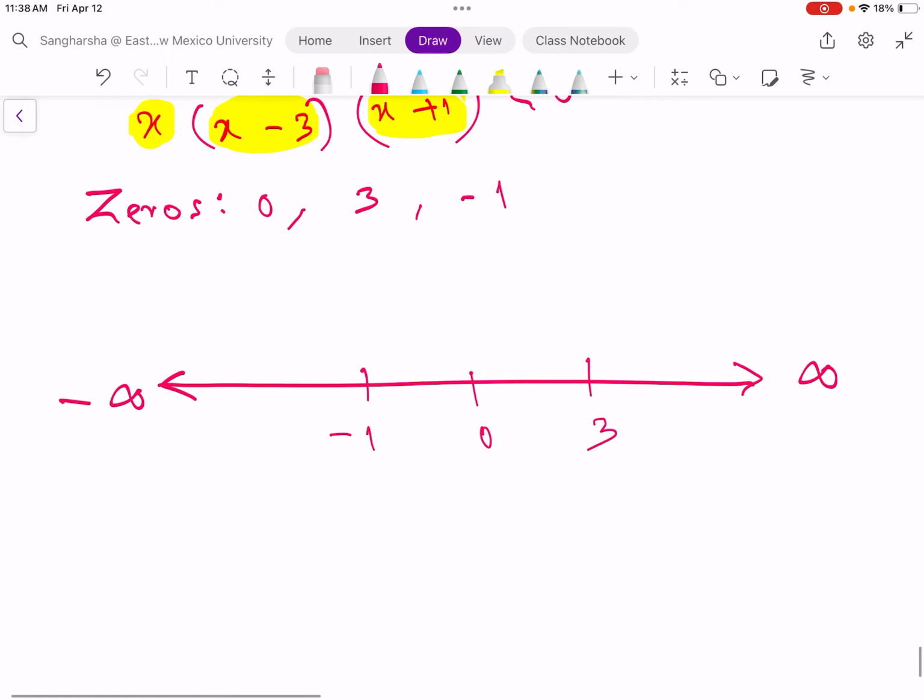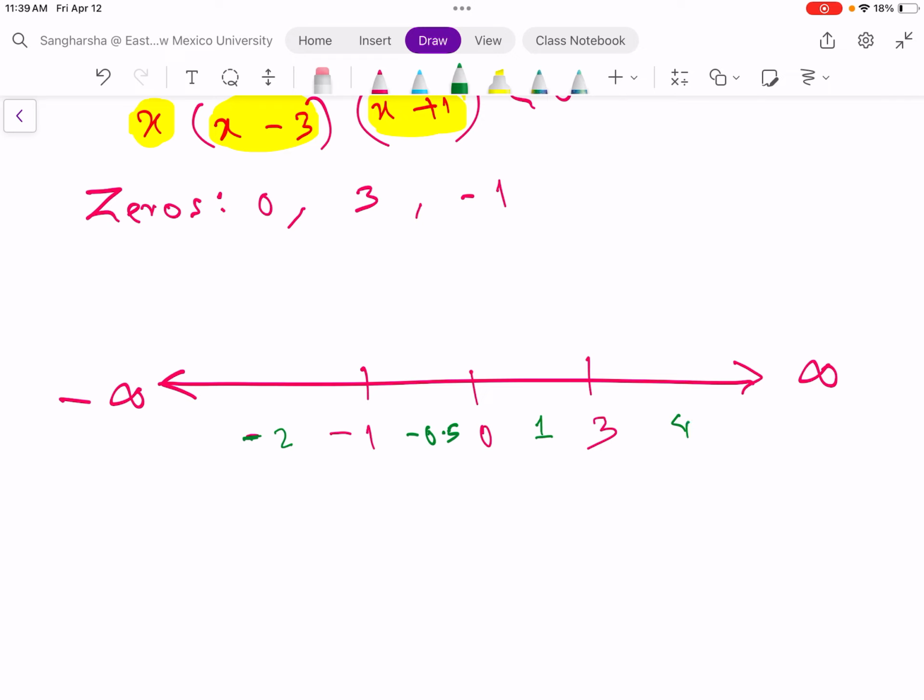Okay. We choose the testing points. So on the left, let's choose negative 2. You can choose any number. Let me go with negative 2. In between negative 1 and 0, let me go with negative 0.5. In between 0 and 3, let me go with 1. And on the right, let me choose 4.